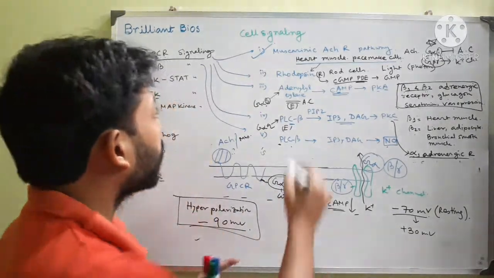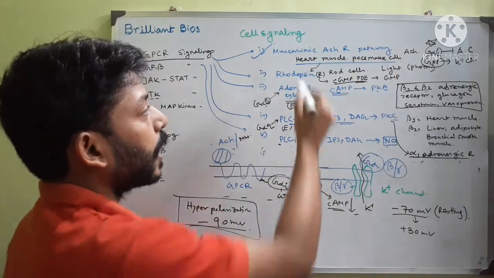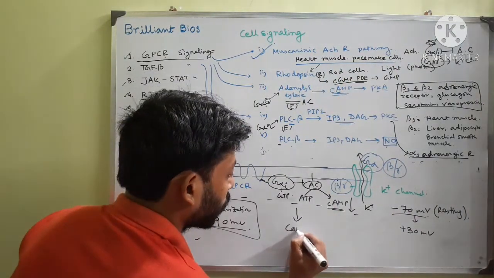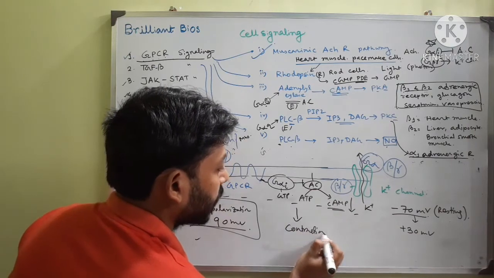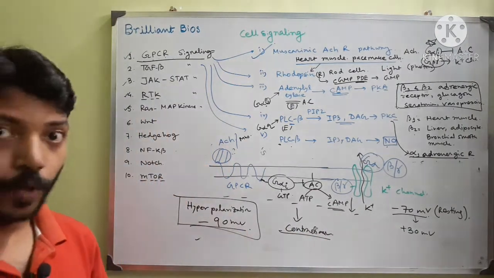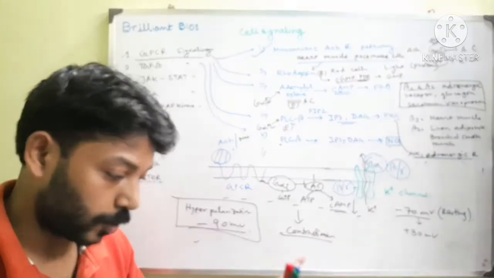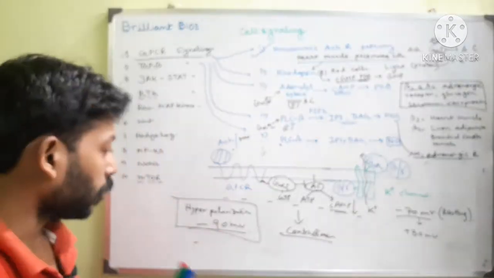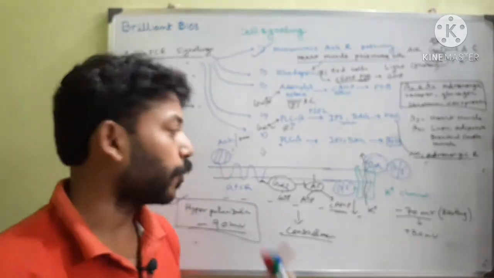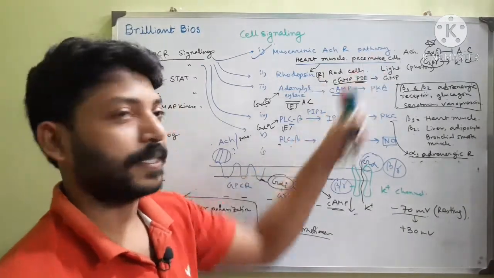So that's why, in the case of the muscarinic acetylcholine receptor, heart muscle pacemaker cells slow down. The contraction of the cell becomes slow because it cannot be activated, because it becomes hyperpolarized when acetylcholine or muscarine binds with this receptor in the muscle cells.